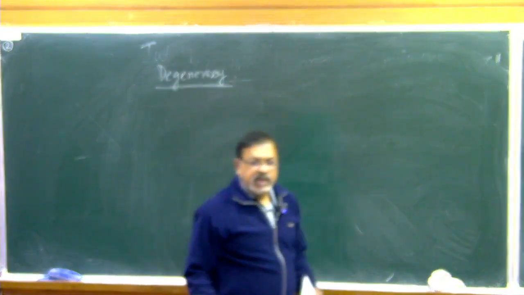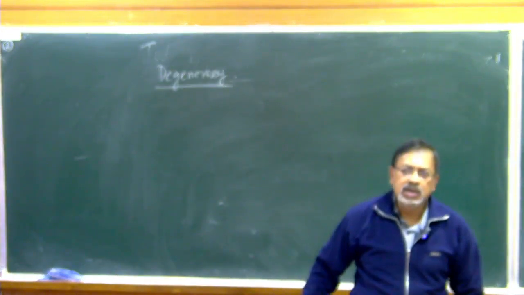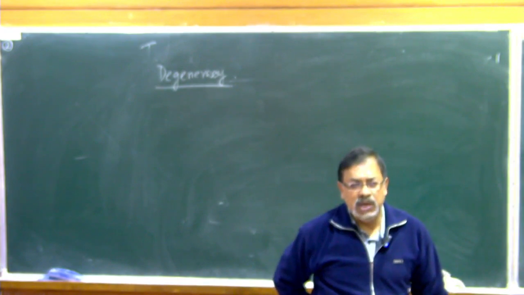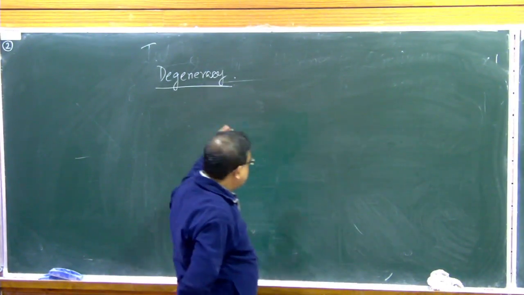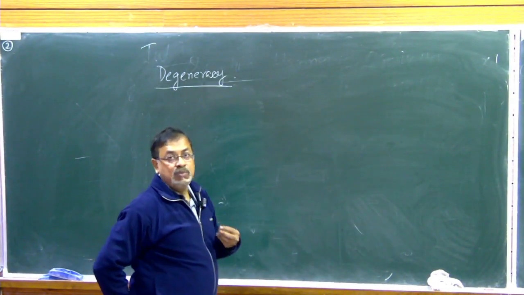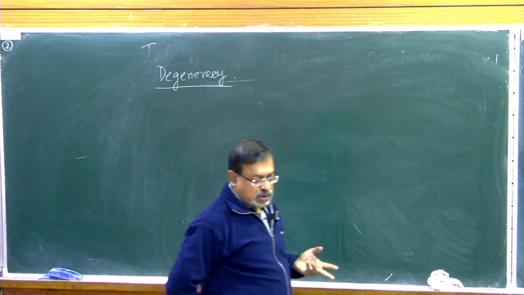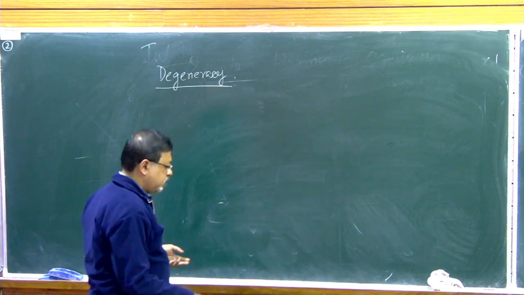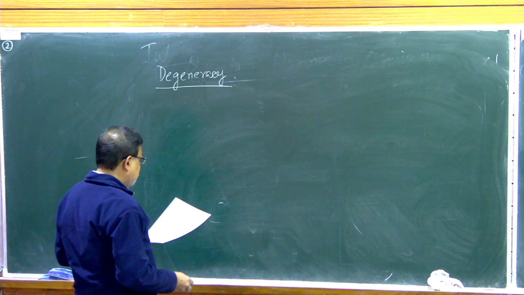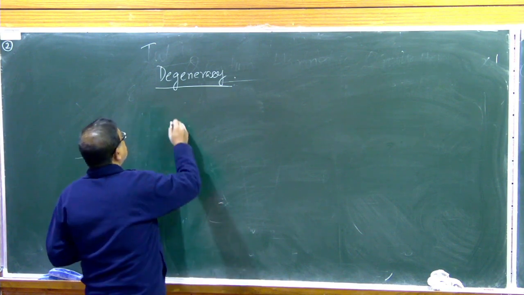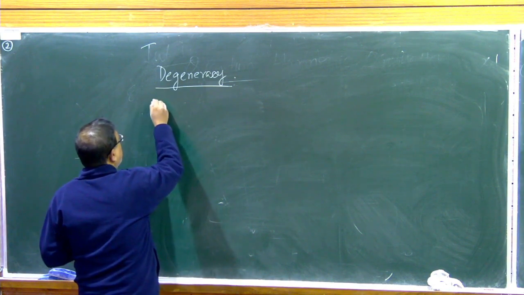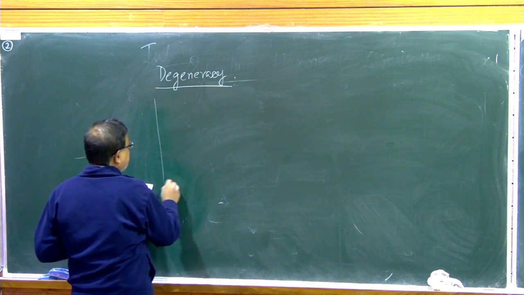And by the way, degeneracy does not occur in one dimension. It's only a situation that occurs in more than one dimension, such as 2 dimensions or 3 dimensions and so on. So let us take a case which is a particle in a box. We had drawn a box like this.